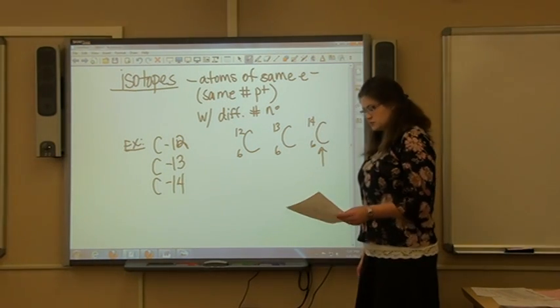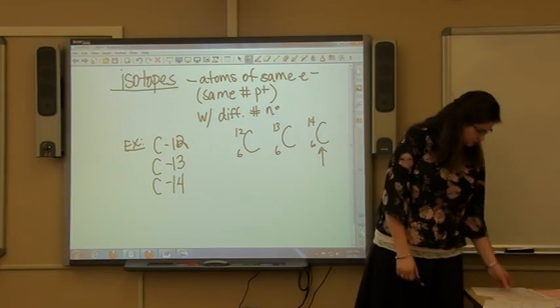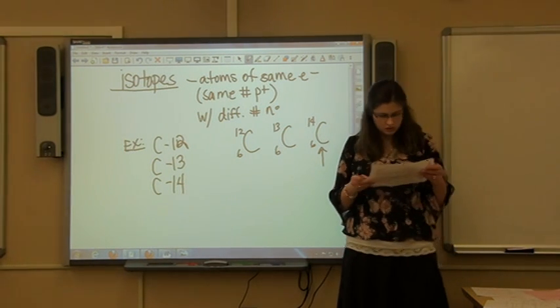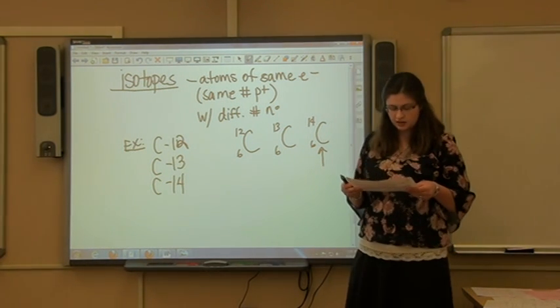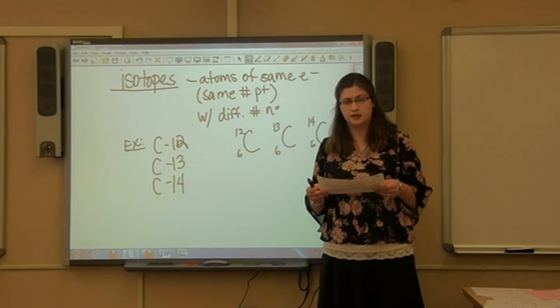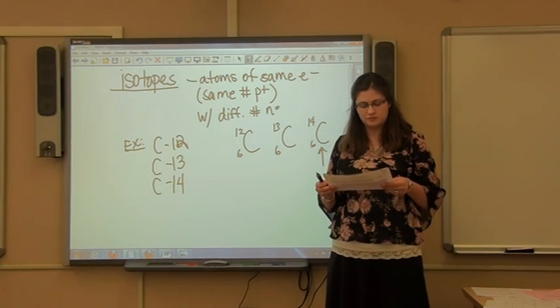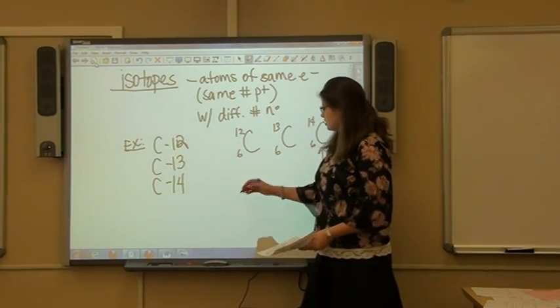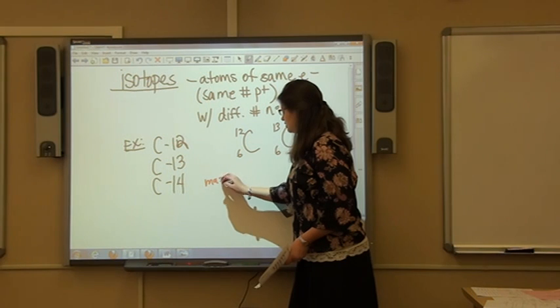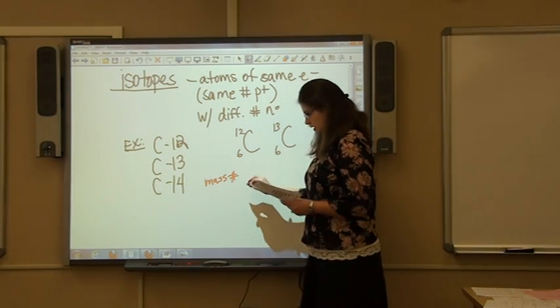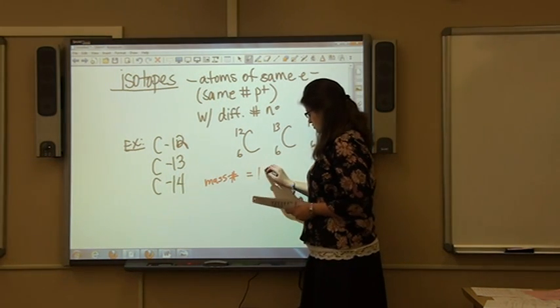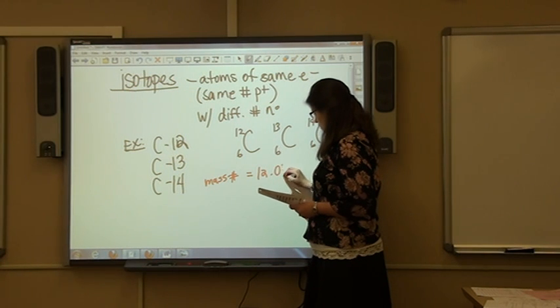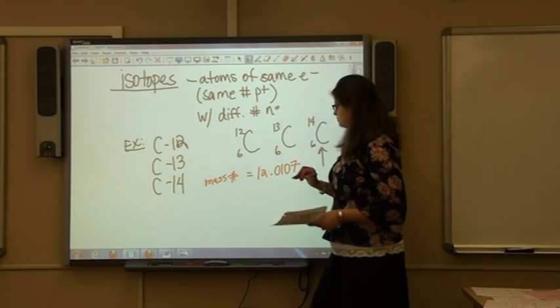Now, if you take a look at your periodic table, you'll notice that right next to the very large blue number at the top, there's a smaller red number. That's your mass number. And so for carbon, on the periodic table, it says that carbon has a mass number of 12.0107.